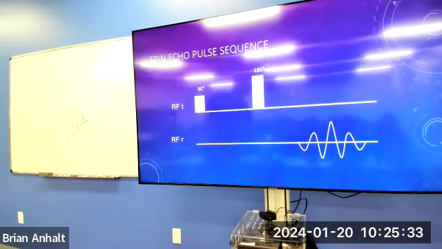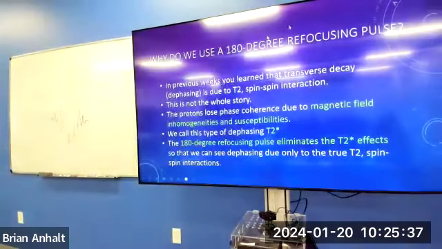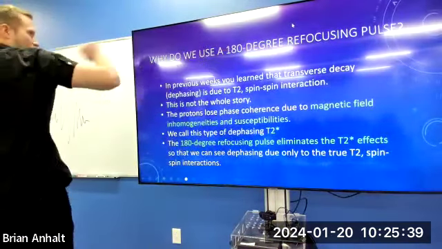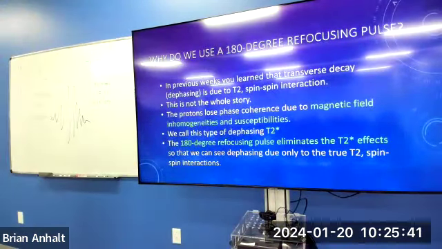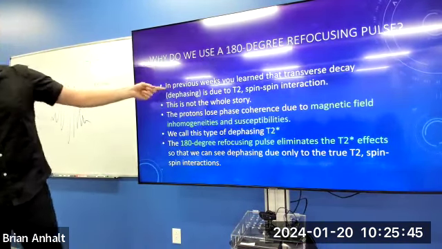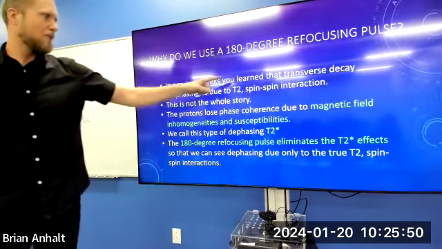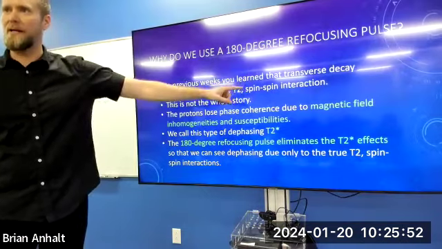Here we go. I know this is complex, but we'll get through it. Let's read through this. Why do we use the 180 degree refocusing pulse? I just explained it in my words. Now I'll read other words that I wrote down at a different time. In previous weeks, you learned that transverse decay, dephasing, is due to T2, spin-spin interactions, right?